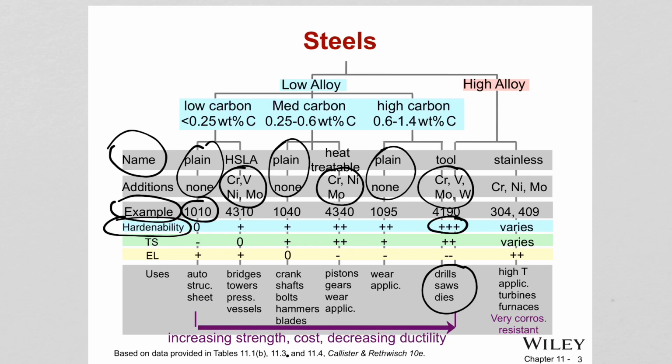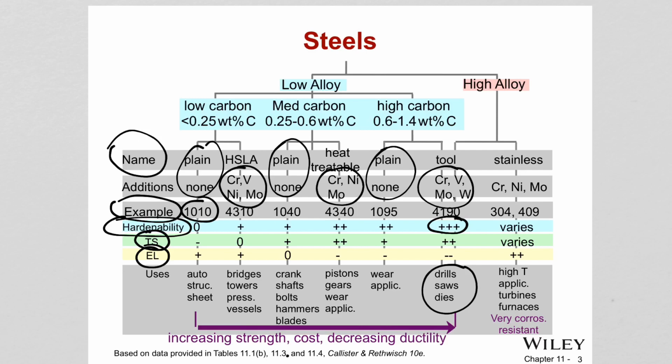You want the surface to be hard. We are also seeing the tensile strength and ductility information here. In terms of ductility, stainless steels are the best, and in terms of strength, heat treatable steels and tool steels seem like the best options.